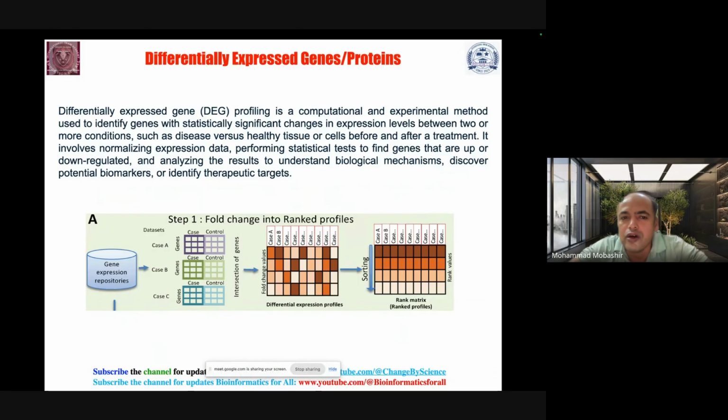This is one example to understand what I described in the text here. For example, here you can see the data sets as case 1, 2, and 3. So genes and then their cases and controls: case, control, case, control, case, control.